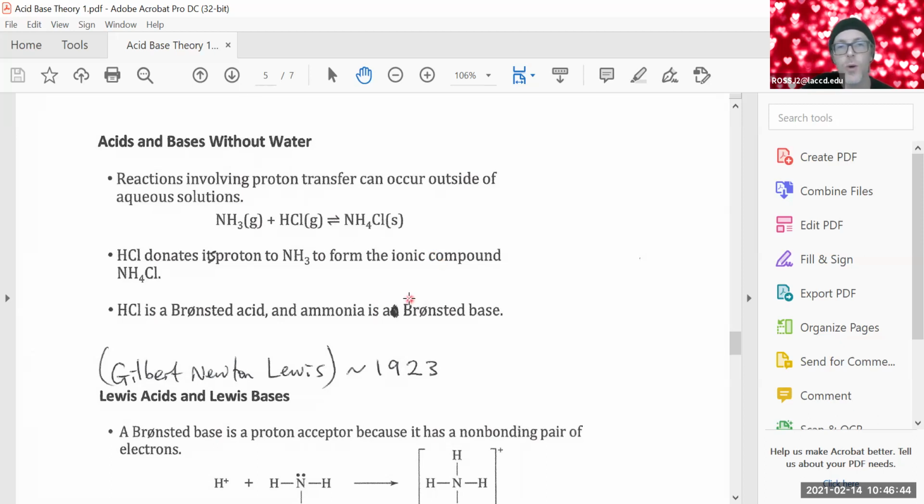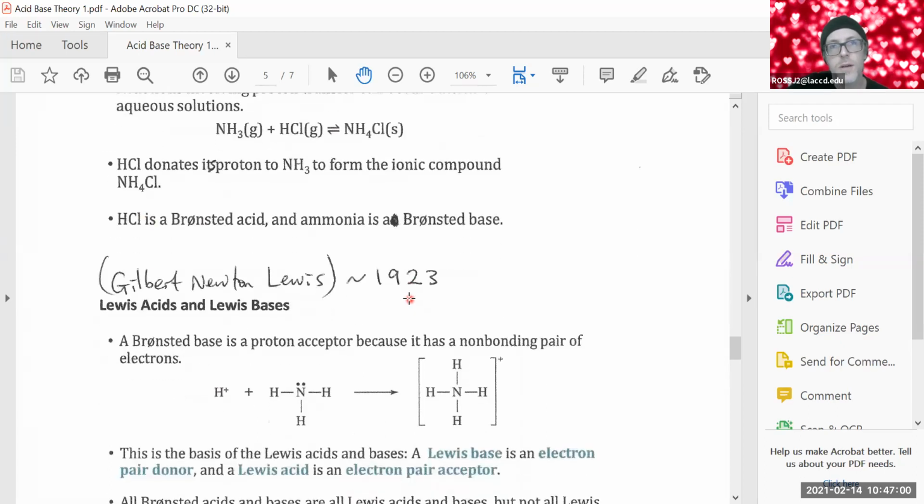So you can still do your donate, although it won't be the main type of acid-base theory we'll see in a general chemistry class. You can definitely do things out of an aqueous environment. Okay, moving on to the third of 3 acid-base definitions we'll see.